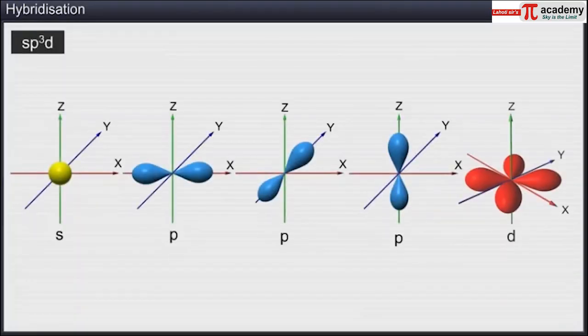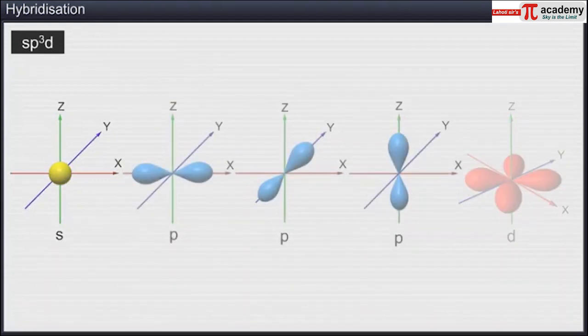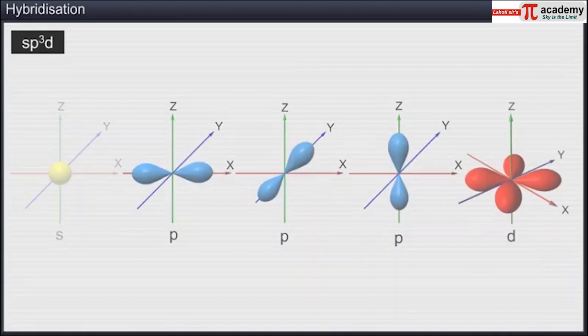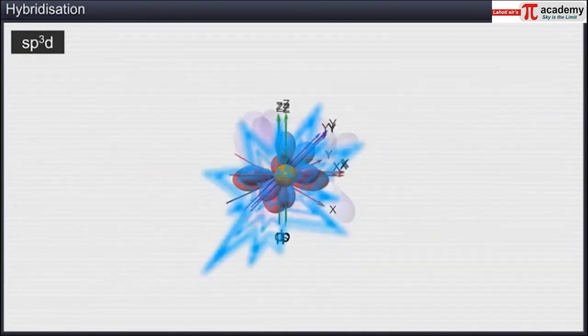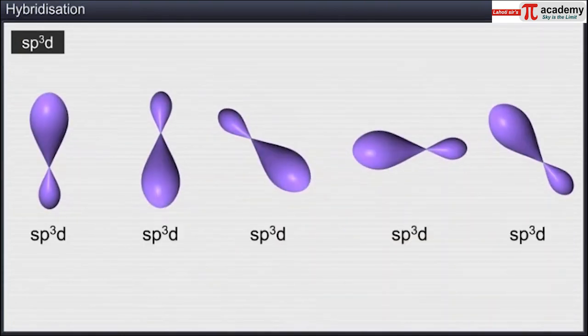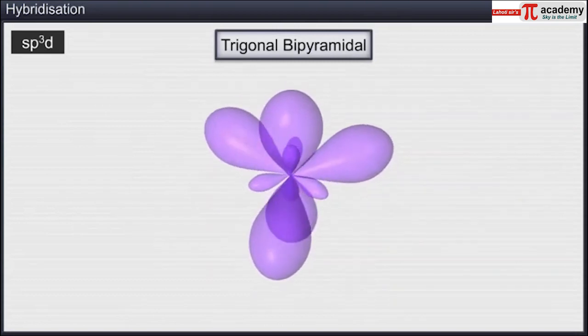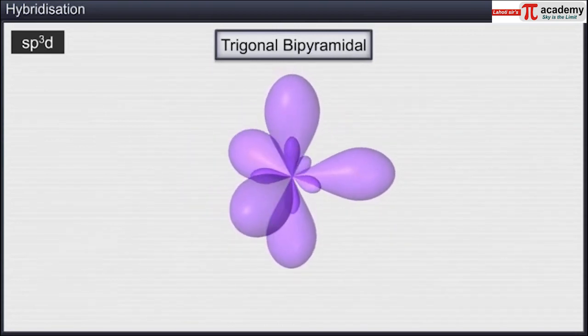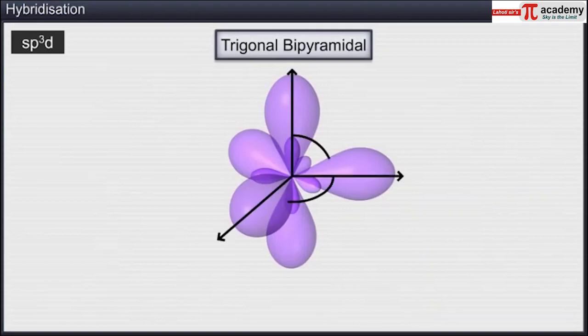In sp3d hybridization, one s orbital, three p orbitals and one d orbital combine to form five sp3d hybrid orbitals of equivalent energy. They have a trigonal bipyramidal arrangement, which leads to the formation of two different sets of angles between orbitals.